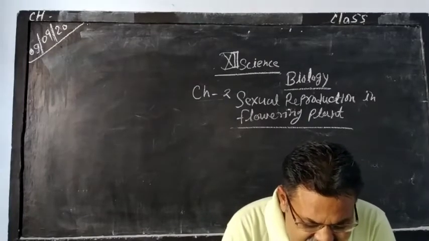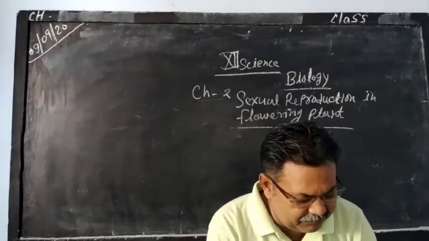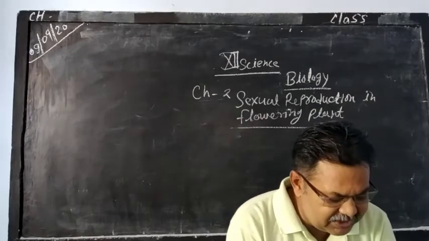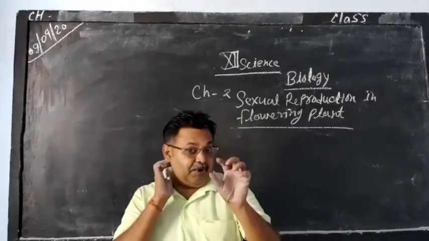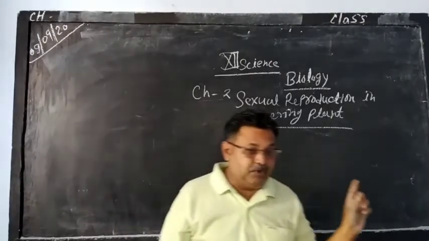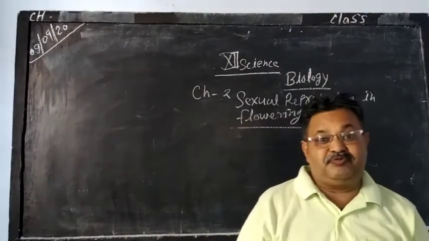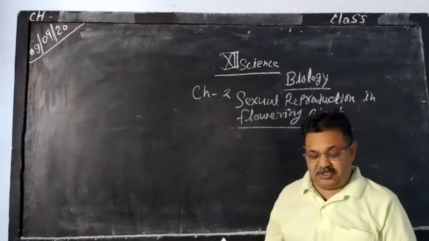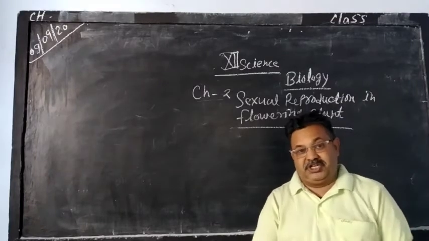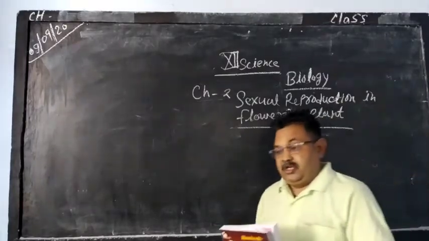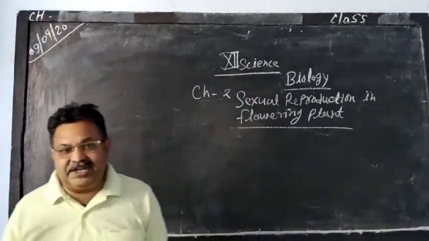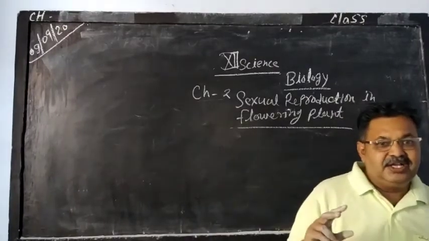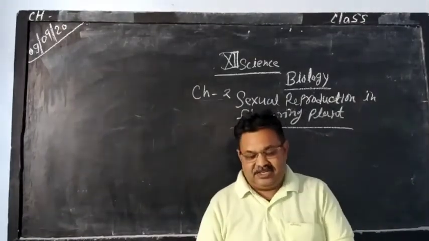Now we have discussed some important concepts of this chapter, because this chapter is completed. So we have discussed the very important points of this chapter. Now listen carefully. We can discuss these points to remember one by one. First one is pollination. What is pollination? Transfer of pollen grain from the pollen sac to the stigma is known as pollination. Okay.